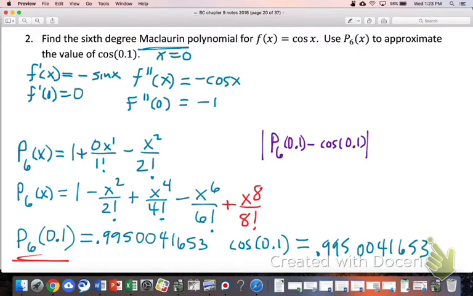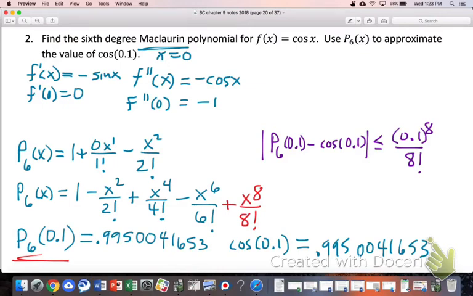So basically we're saying polynomial approximation minus real value. That's our error. And that should be less than or equal to 0.1 to the 8th over 8 factorial. That would be the first neglected term in the series that we use to approximate cosine of 0.1.